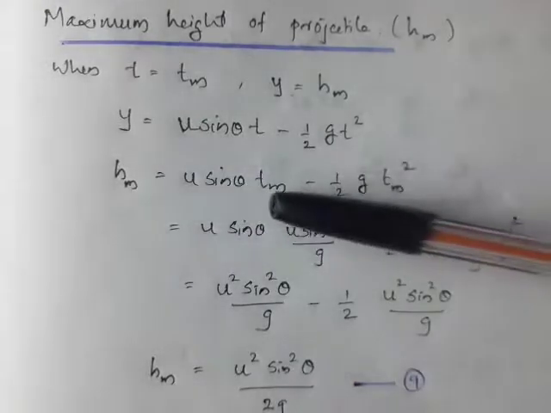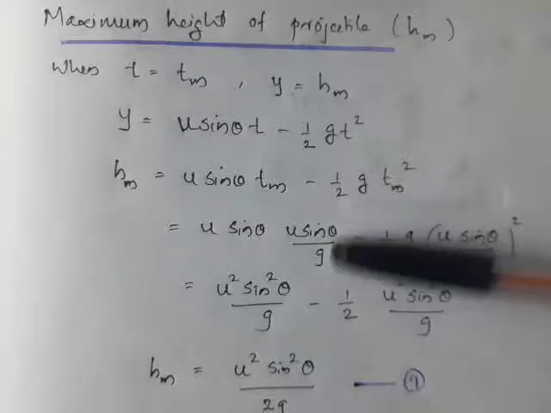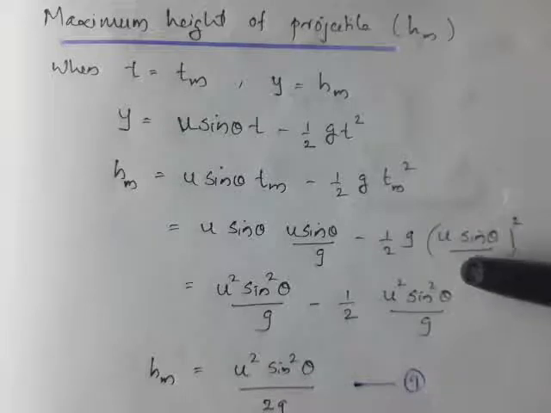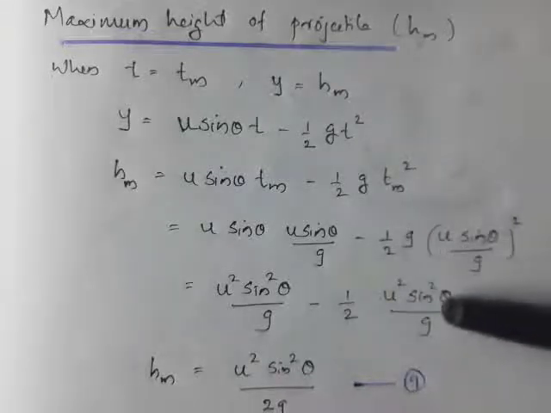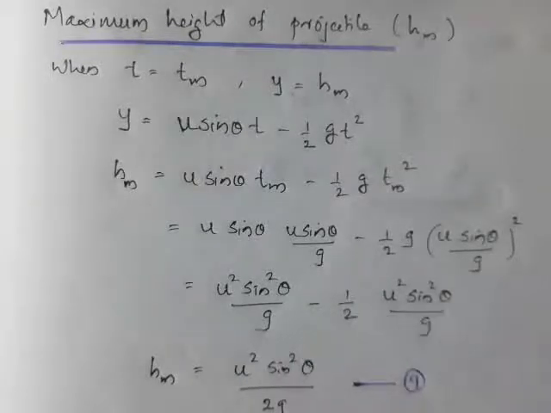So again we substitute this tm from the earlier equation, u sine theta by g, here. Then we get tm is equal to u sine theta by g. Here also tm we substitute, squaring, you get u square sine square theta by g minus half u square sine square theta by g.